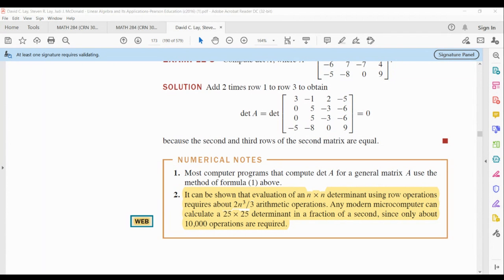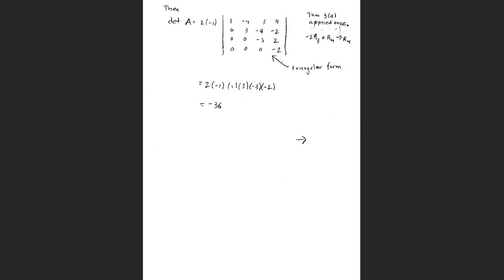All right, so I want to show you a second way to compute the determinant of the example that we just looked at using the row operations. Let's continue.